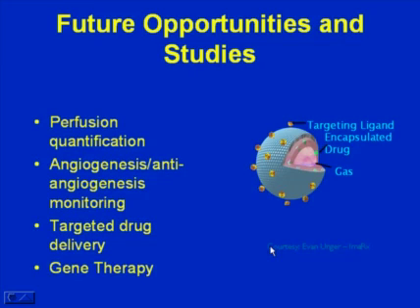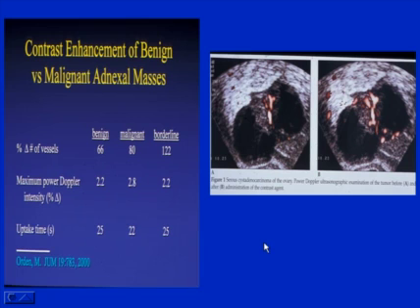Now, there are many applications of microbubbles, including the therapeutic potential for targeting the microbubble to a certain receptor, or having drug encapsulated in a microbubble, improving gene transfection, for example. Now, getting back to contrast in the ovary, there have been several studies.